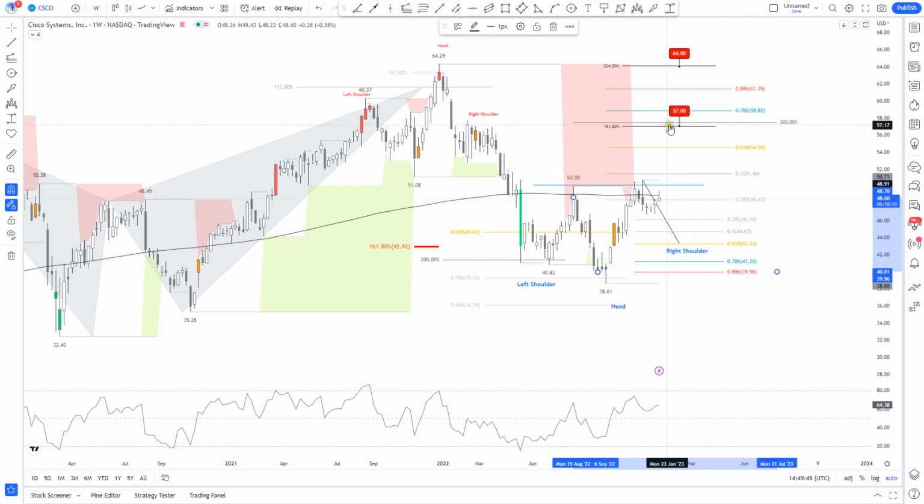So as you can see, we have a convergence between the golden Fibonacci extension projected at 57 with the 200% Fibonacci extension, which means a move above this resistance, which will trigger the pattern, could put the price trading at this zone.